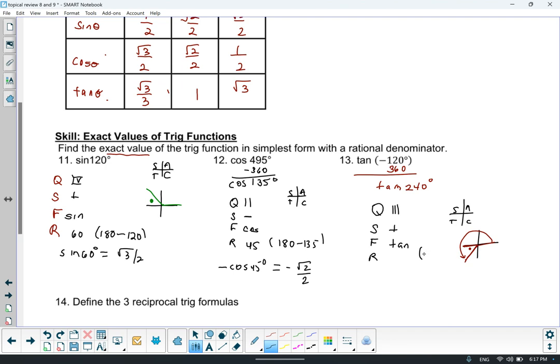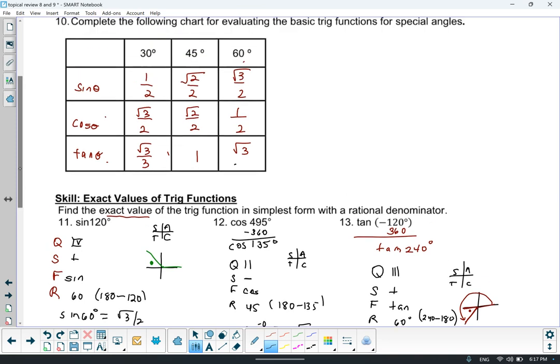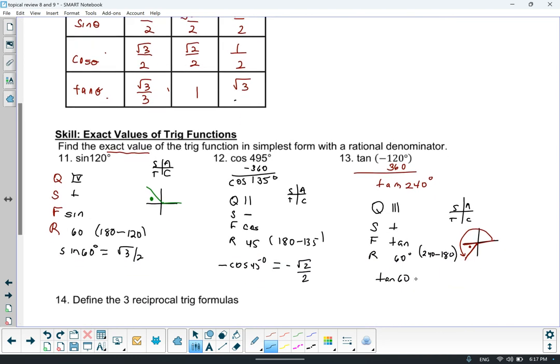You're going to do the angle minus 180, and you're going to get 60 degrees. So tan of negative 120 is equivalent to tan of 240, which is equivalent to tan of 60. And if you look in the special angle chart, tan of 60 is rad 3.